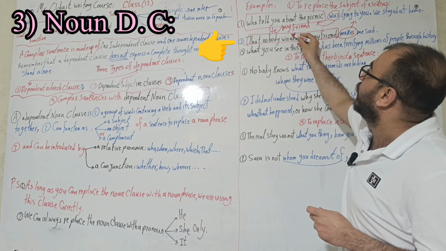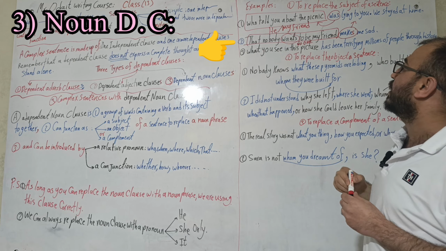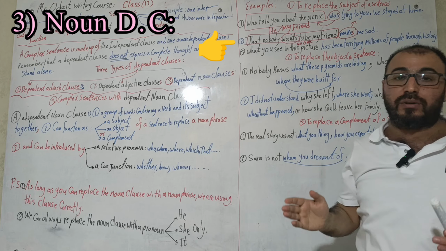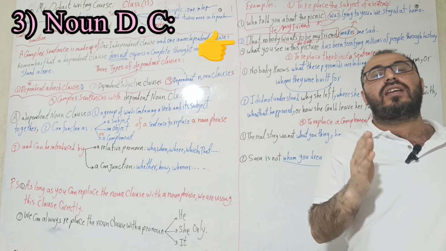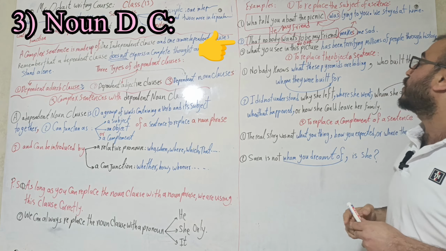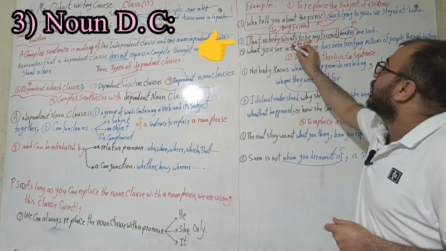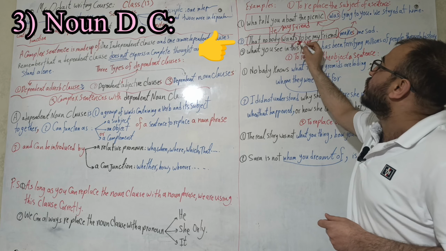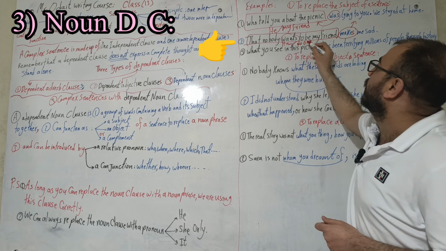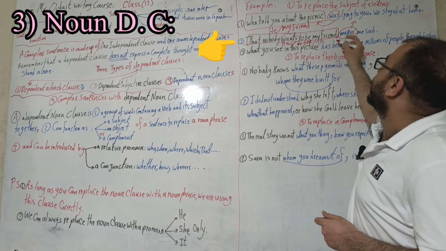We have here a verb and we have its subject. And "no one" is a noun phrase because a noun phrase doesn't include a subject and its verb together. So as long as we can replace this clause with a pronoun, "he" or "it," we can say "it makes me sad."